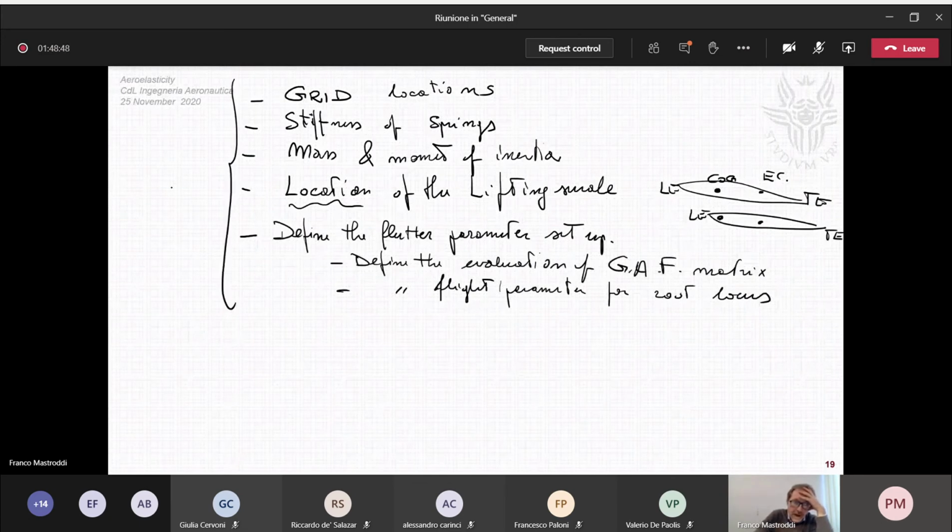So this is the setup for flutter analysis.